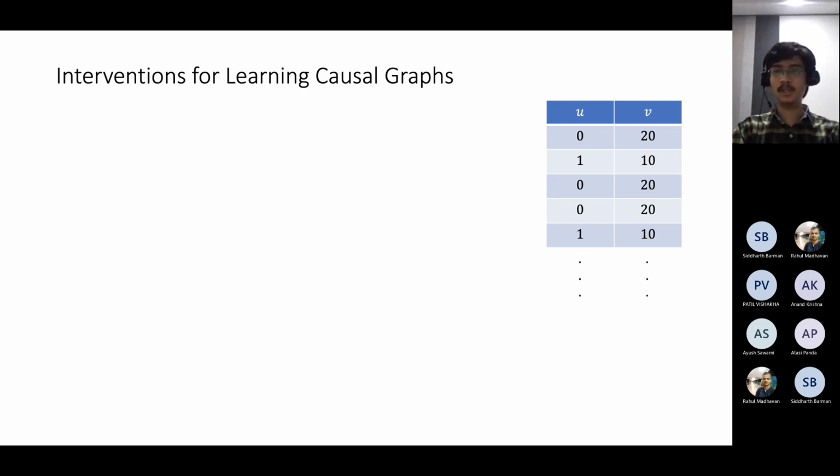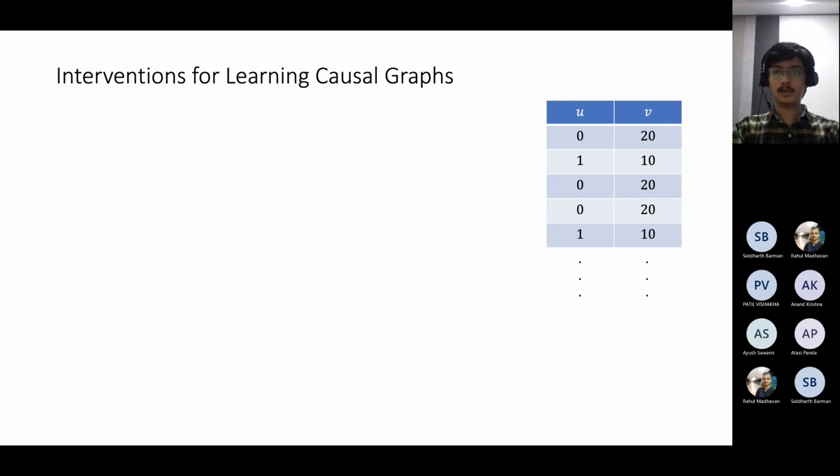Variable v takes value 20 when u is 0, and variable v takes value 10 when u is 1, as we can see from the table. Let's say we are given infinite rows of the same. In this talk, I'll assume there are no unobserved variables. This means that only the variables I show here are present in the system.